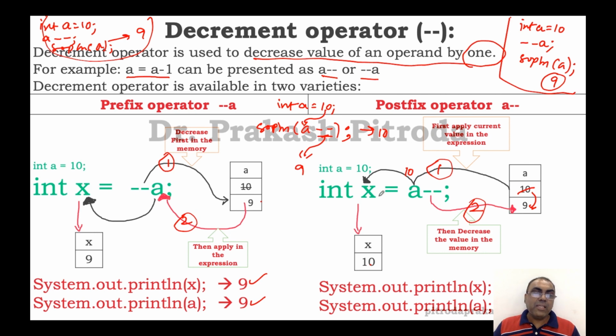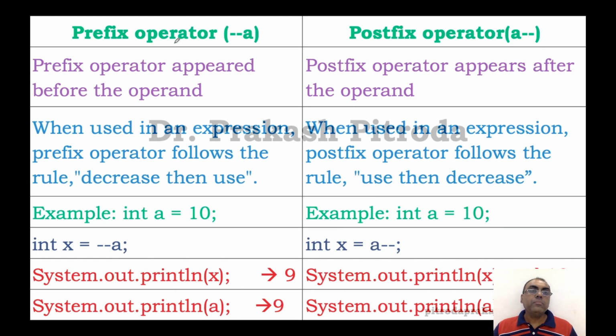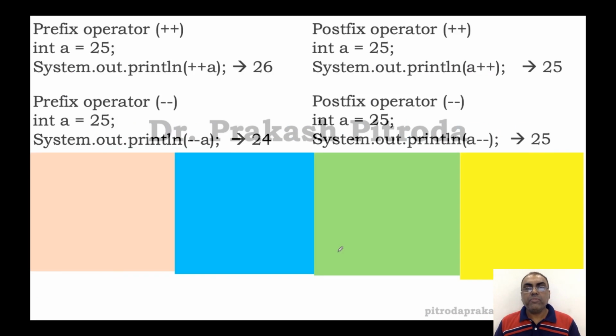If I apply the same thing here, --a and a--, the difference is this: prefix appears before the operand, postfix after the operand. Here it decreases and then you use, here you use then decrease. So I hope you have understood the increment and decrement operators and their expressions. We will see some of the questions also further ahead.